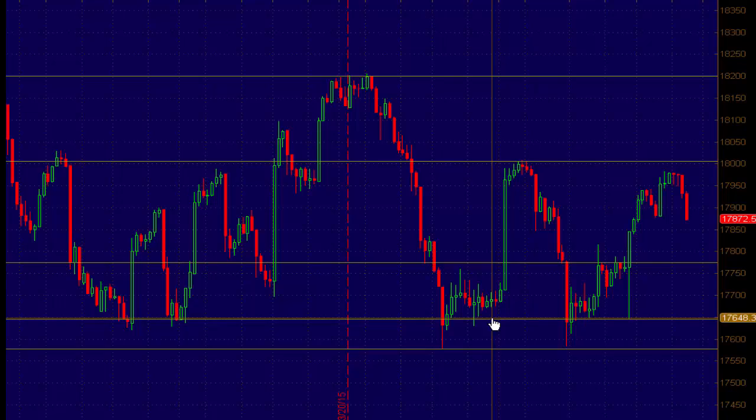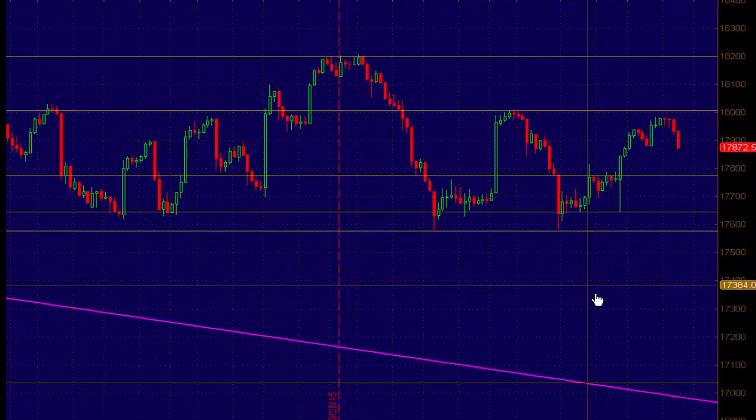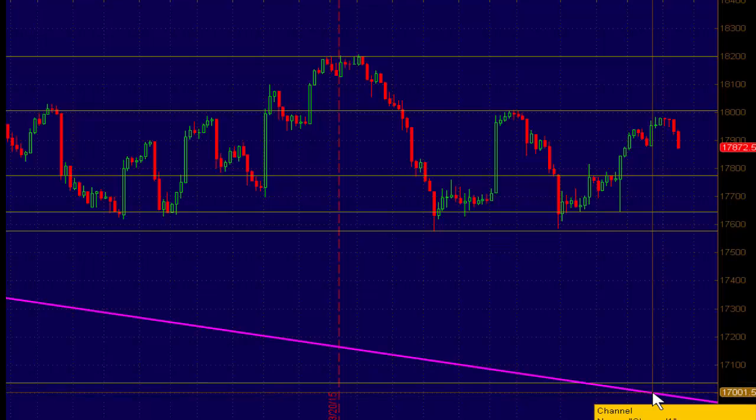Again, 17,650. So I'm going to officially call a head and shoulders formation on the hourly chart. This takes in a month of data from March 6th to April 6th, April 7th. So something to watch. Should that be the case, we could very easily head back to the 17,000 level.